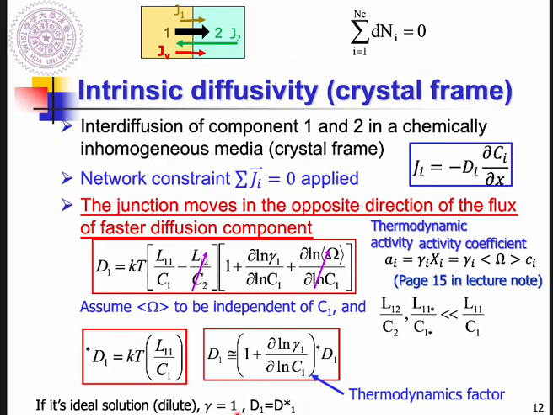So this only happens in ideal solution or dilute solution mixing. The self-diffusivity will be equal to the intrinsic diffusivity. Okay, which means that when you measure the self-diffusivity in material A, 1, then it equals the intrinsic diffusivity, 1, when you stand here and measure the diffusivity of atom 1. Okay?